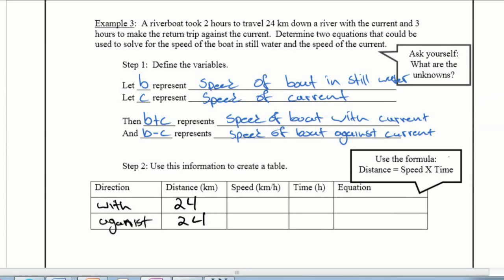The speed is going to be either, in this case, we have the boat plus the current, because we're traveling with the current, and then we have the boat minus the current, because we're traveling against the current. When we travel with the current, it takes 2 hours, and when we travel against the current, it takes 3 hours. So we're just taking information from the question.